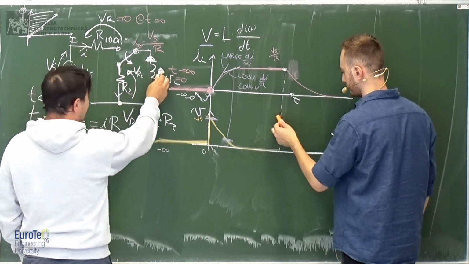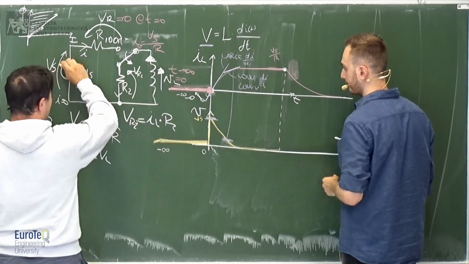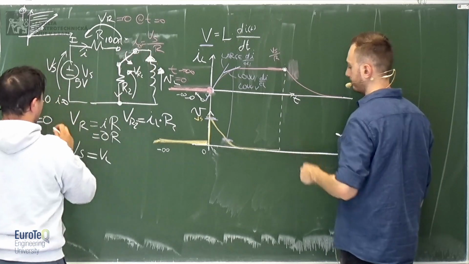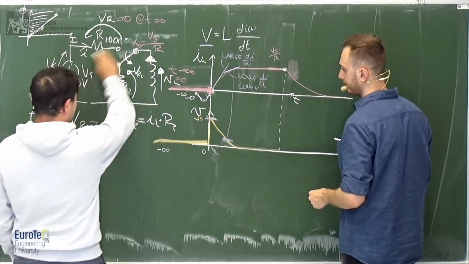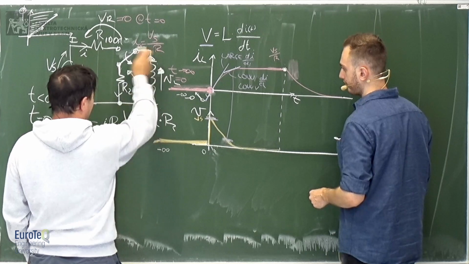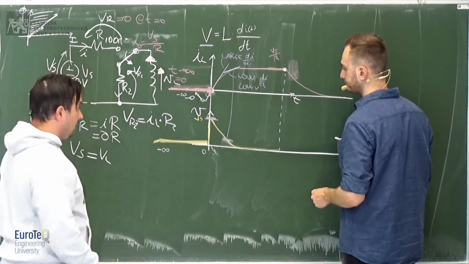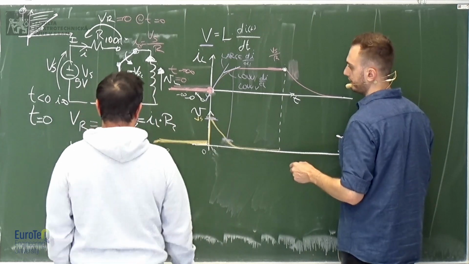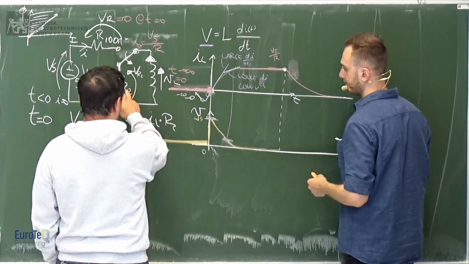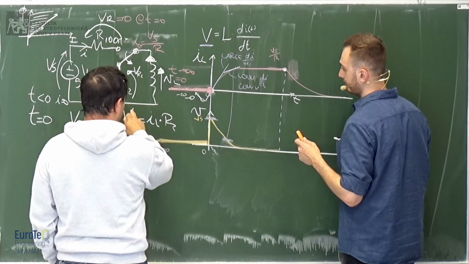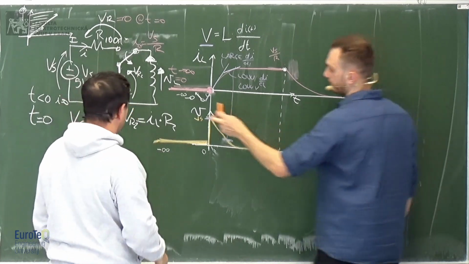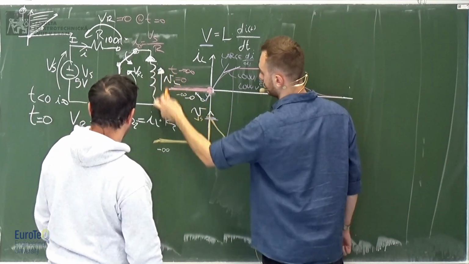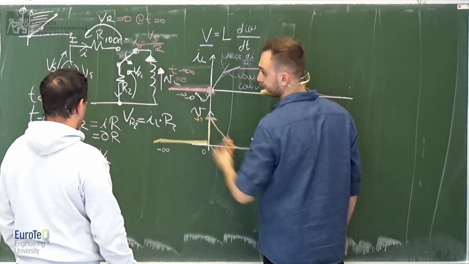If you consider positive the voltage in this direction, when the current was entering, we considered the voltage like this, positive. Previously this voltage was going down. Now that voltage is pointing up.